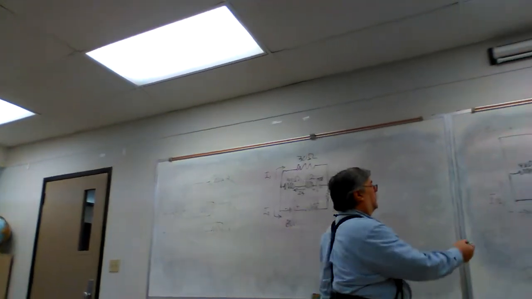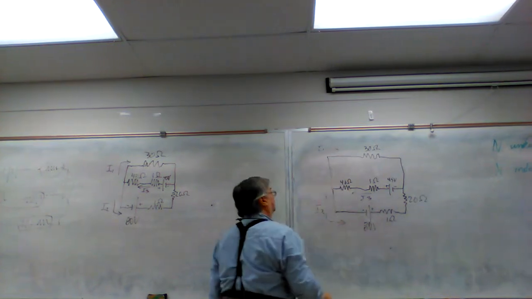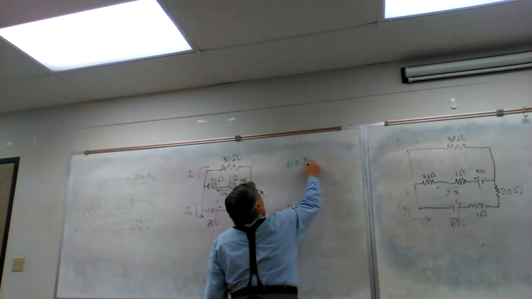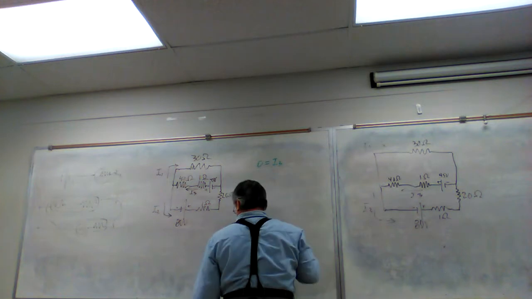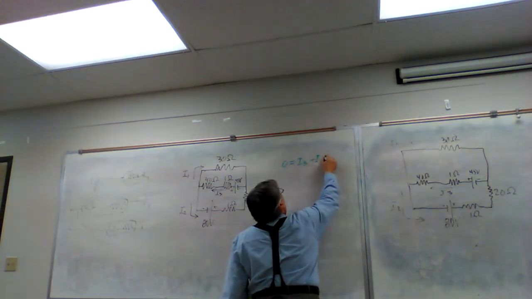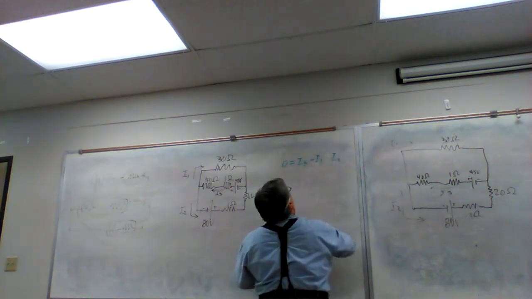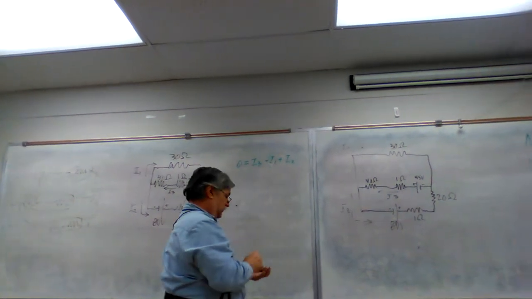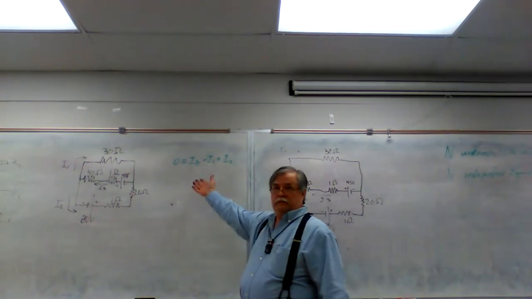Okay, we can get our first equation very quickly. We say I3 is equal to I1 plus I2. So we've got 0 equals I3 minus I1 minus I2, however you want to write it. We've got an equation.